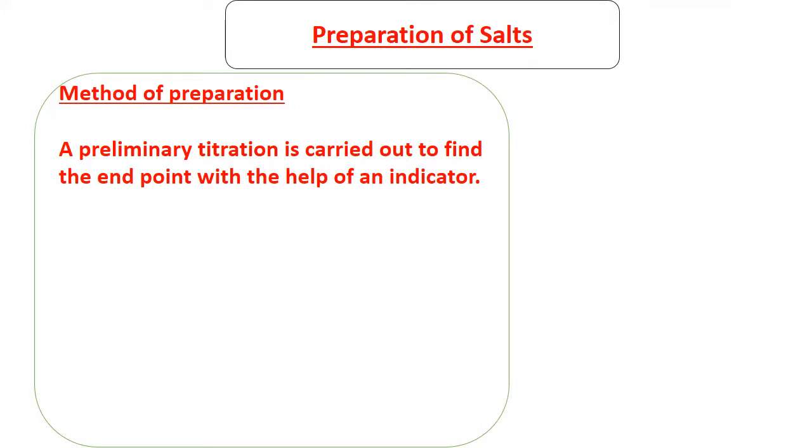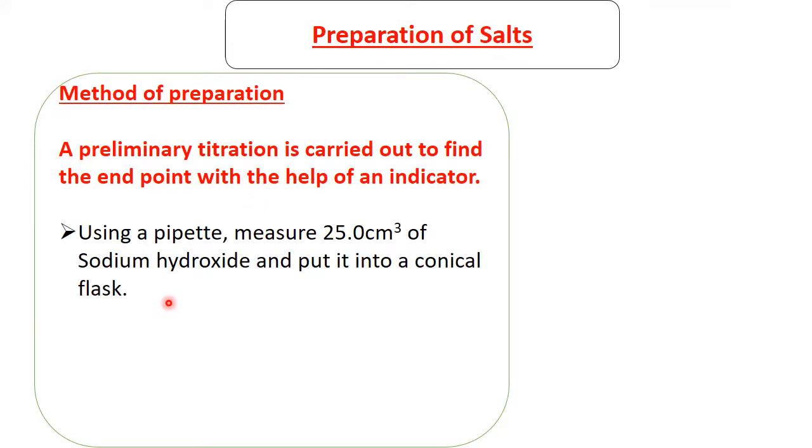We use an indicator to determine the end point. The end point is a point where the reaction completes. I know it might be too hard to comprehend everything here, but I'll make sure that you get it at the end of the day. So don't worry about what this statement means. I will explain it in detail.